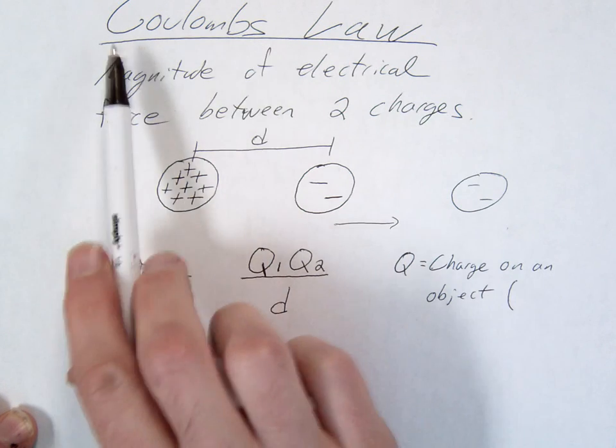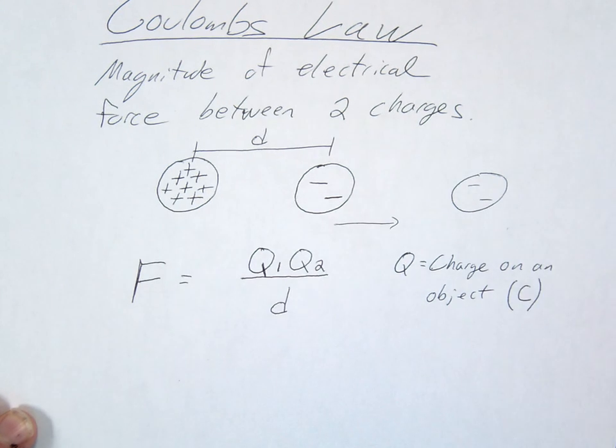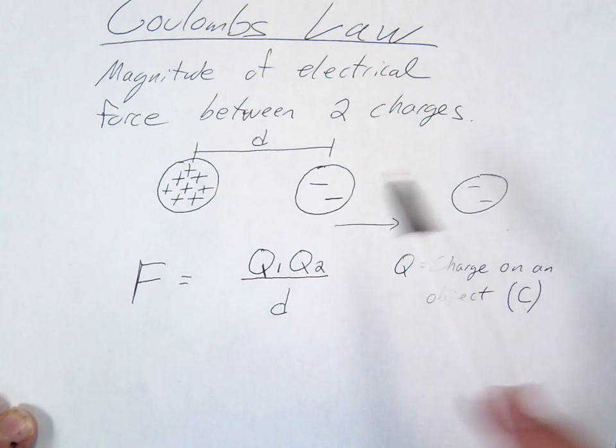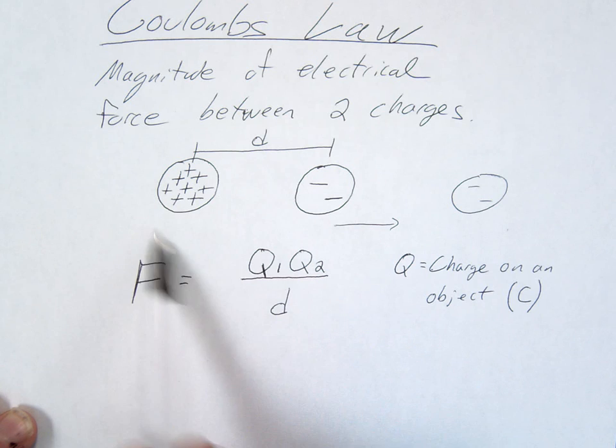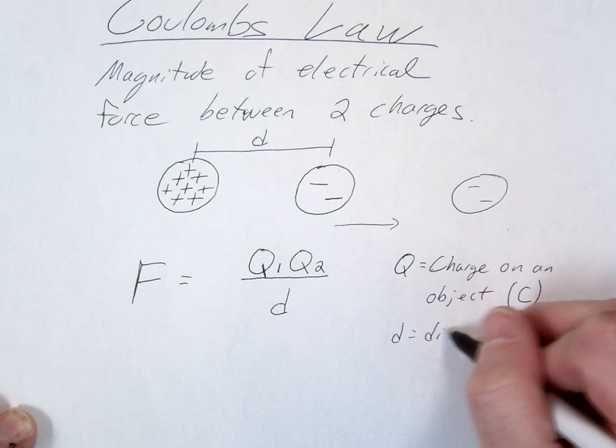Coulomb. Okay, so that's where we get that name from this guy. So that's going to be charge. And if it was just one electron, what would be the charge? Negative 1.6 times 10 to the negative 19, right? And so depending on how many you have or how many extras, or sometimes they'll just tell you the whole value for Q. Okay, and then D is the distance between them.